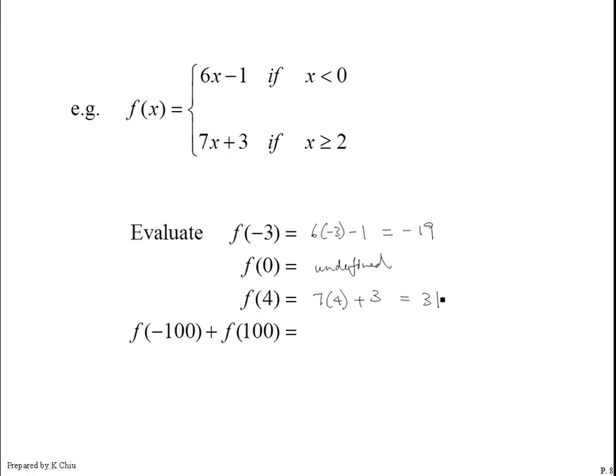For the first one, what is the input? Negative 100. When x is equal to negative 100, which one should we use? The first one, right? The second one, what is the input? 100. Which one should we use? The second one. So yes, in this case, we are going to use both of them.